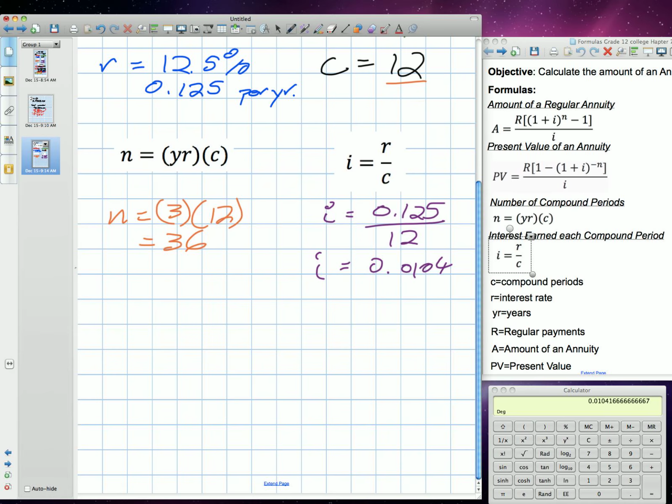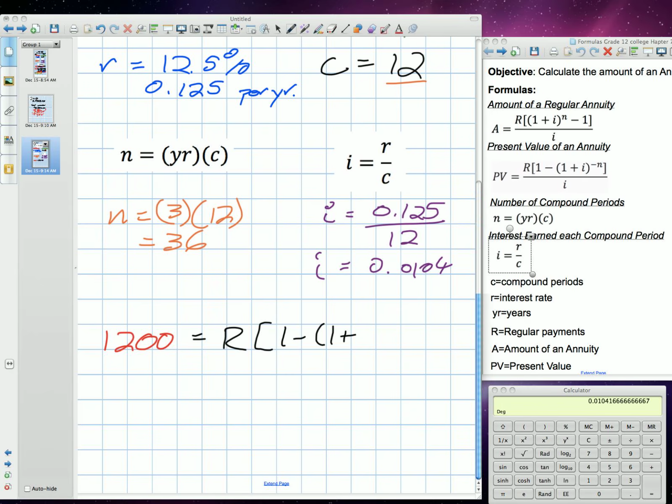So we're going to plug it into our formula. We remember that he had a loan of $1,200, and we're using our present value formula. Regular payments multiplied by 1 subtract 1 plus our I, which is 0.0104.